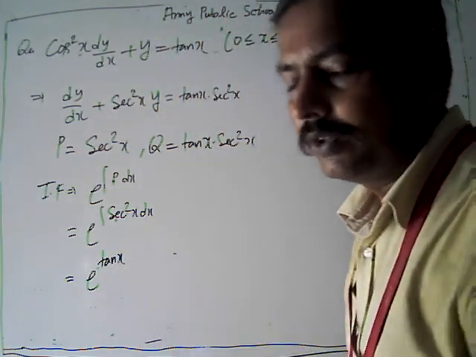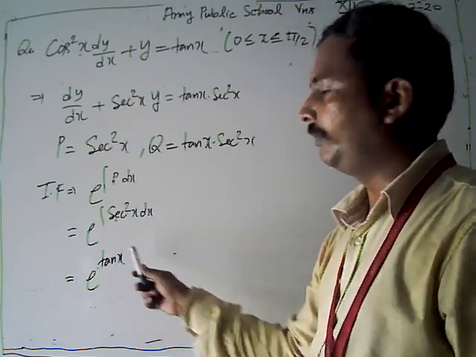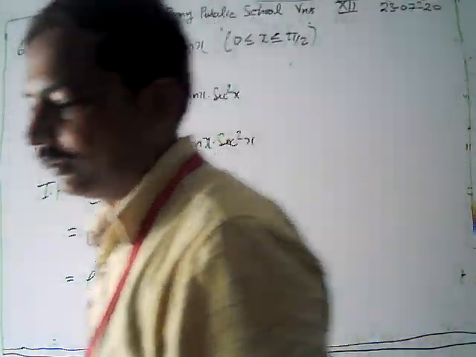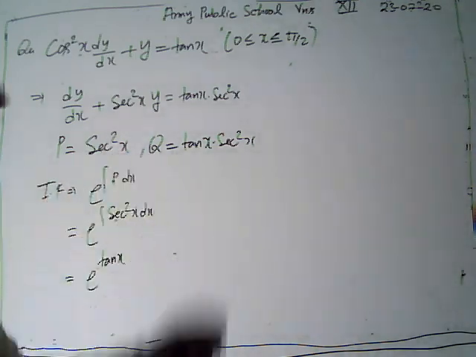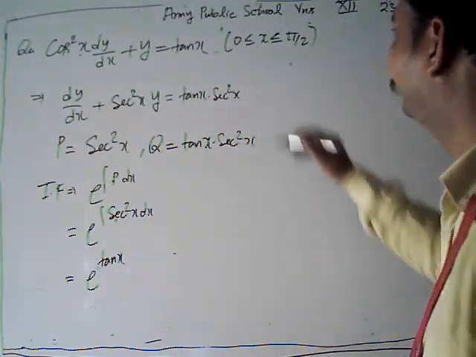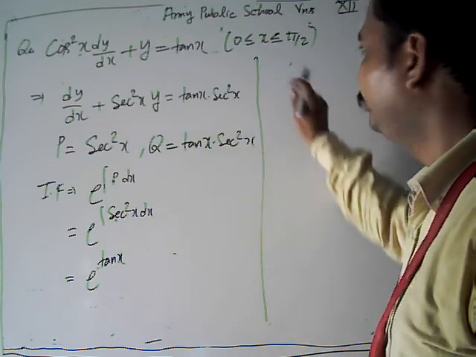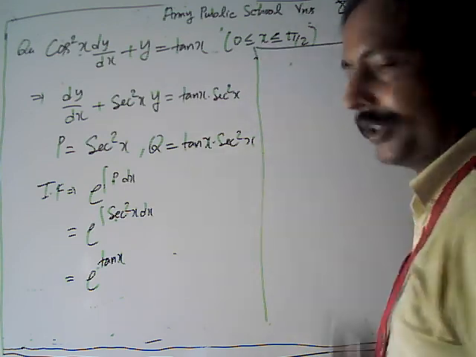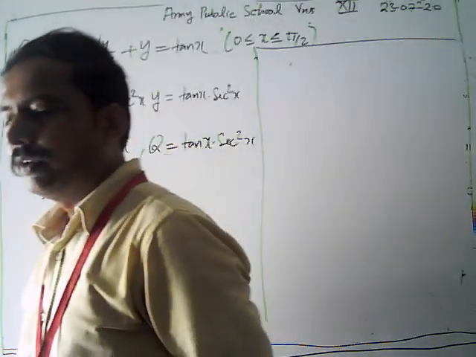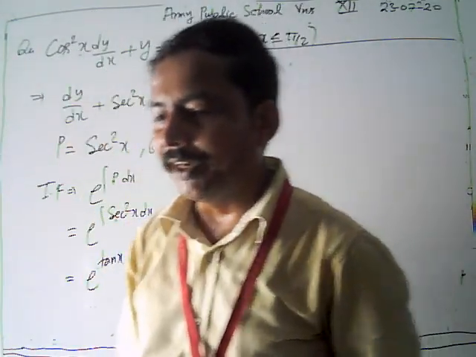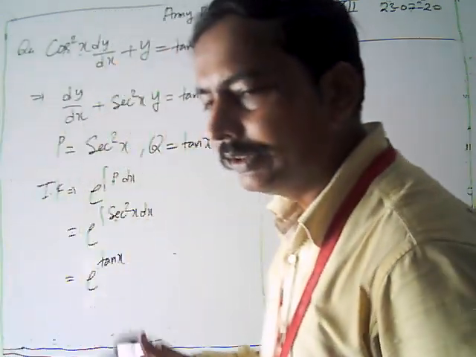Look, to get the integrating factor after integration, we do not use the constant c there. Now after getting the integrating factor, what is our solution? Our solution is given by y into integrating factor is equal to integration of q into integrating factor dx plus c.